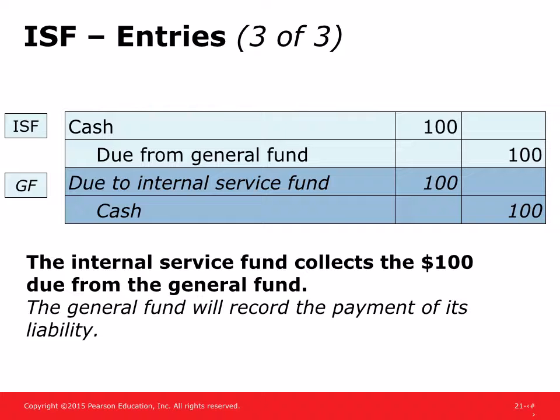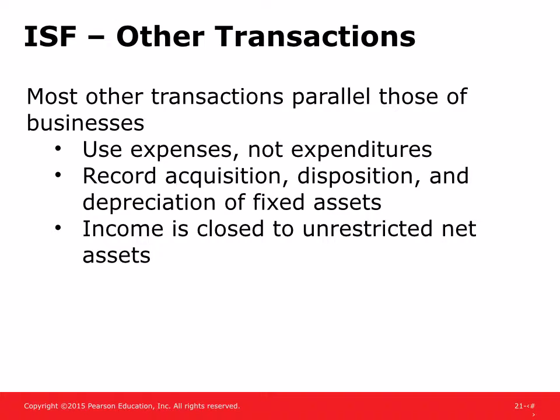And then when the actual cash transfer takes place from those other funds, it operates very similarly to as if it was an account receivable and payable to an outside entity. It's just the verbiage changes to due from and due to instead of accounts receivable and accounts payable. Most of the other transactions within these internal service funds mirror what a business looks like.